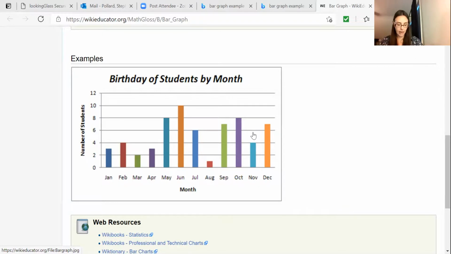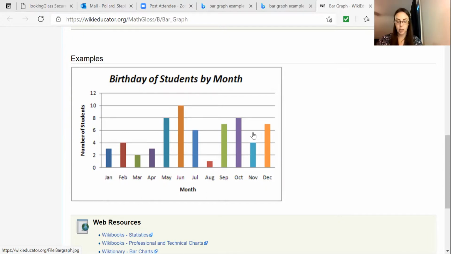So one thing you want to be careful about with any sort of word problems, obviously, is the wording, and here's an example. The question I asked a few seconds ago was, how many more June birthdays are there compared to May birthdays?